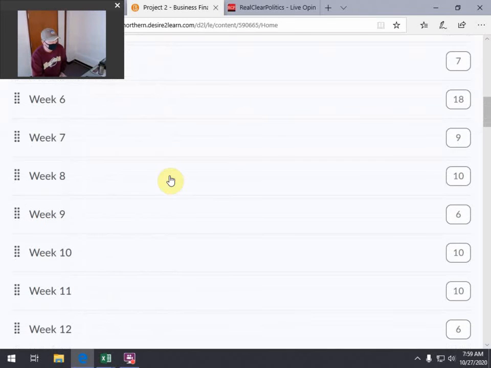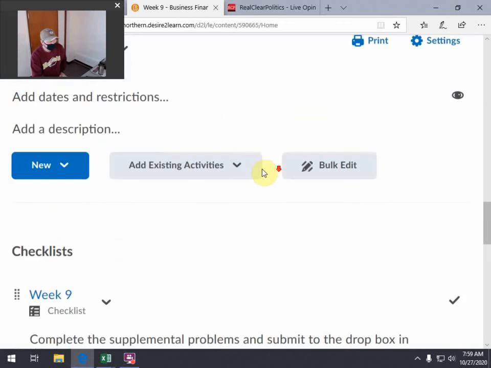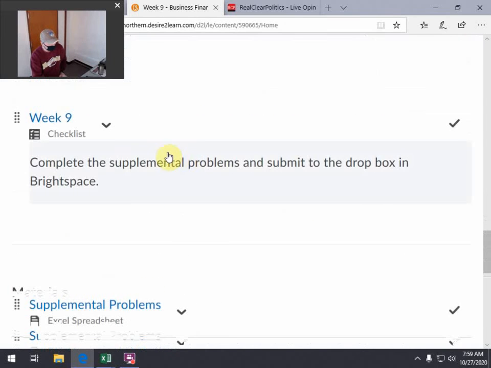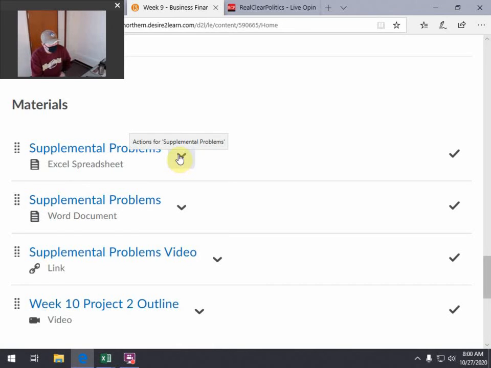If you come down to week 9, that's what we're in, I think, right? Got the checklist. If you download here the supplemental problems right in the Excel spreadsheet, that makes it pretty simple for you. I've got it in a Word doc too. I don't know why you'd want that, but just download it in the Excel spreadsheet.